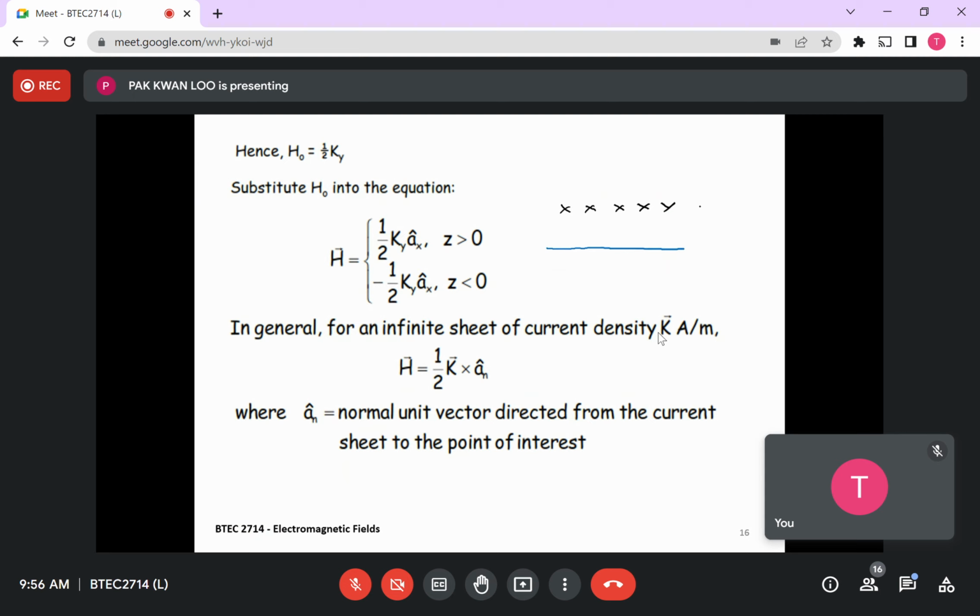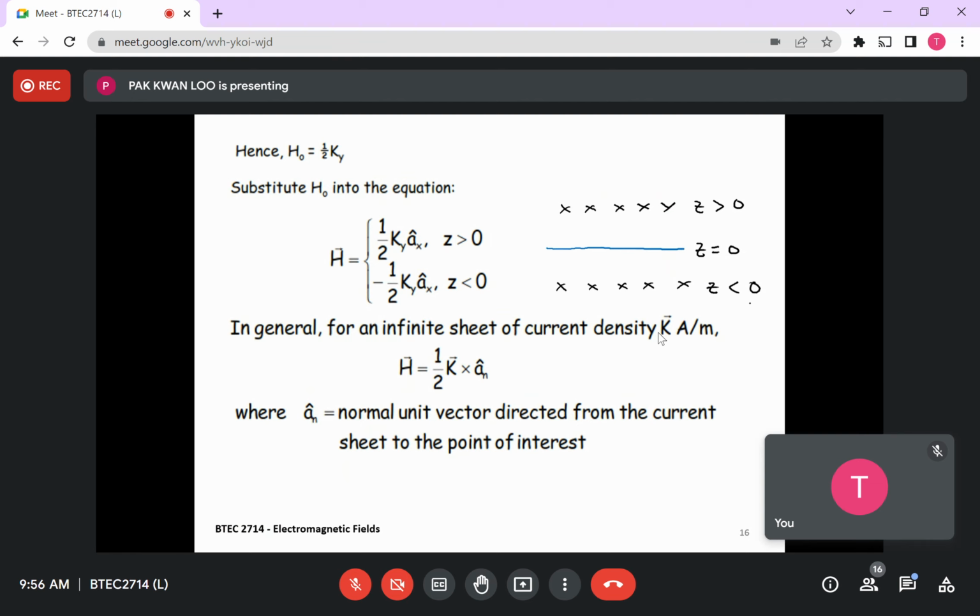Half of the current density, and the same goes for here. Of course, this is your z equals 0, so this is z greater than 0 and z less than 0.